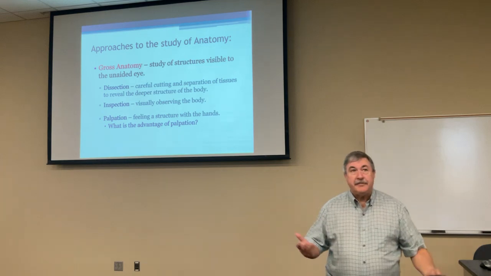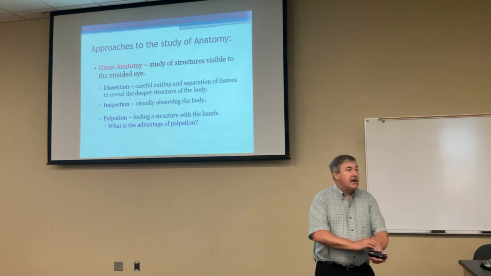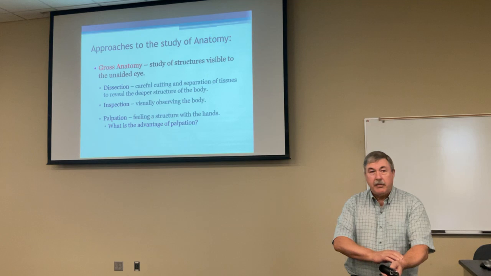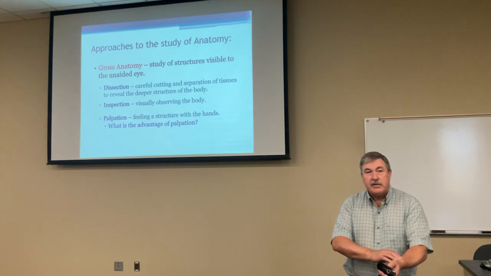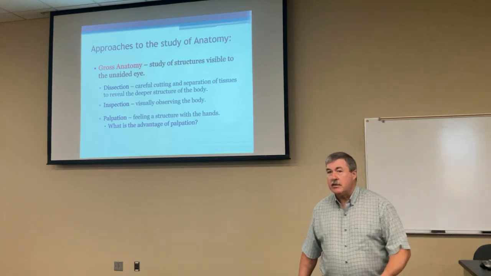So one good example of the use of palpation is determining a person's radial pulse. By putting slight pressure over the radial artery near your wrist, you can determine a person's pulse, and you can determine their heart rate from that. That's an example of palpation.